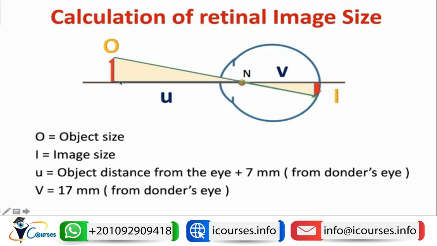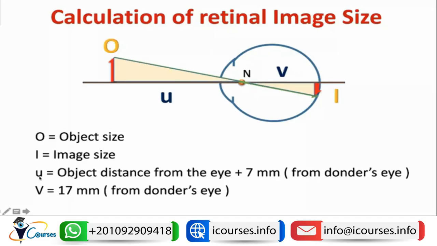We know the object distance from the eye, or we can calculate it, and we can know the distance from the anterior corneal surface to the nodal point, and this can be given from Donders' reduced eye, which will be equal to 5 millimeters, the distance from the nodal point to the principal point, and 2 millimeters, the distance from the principal point to the anterior corneal surface.